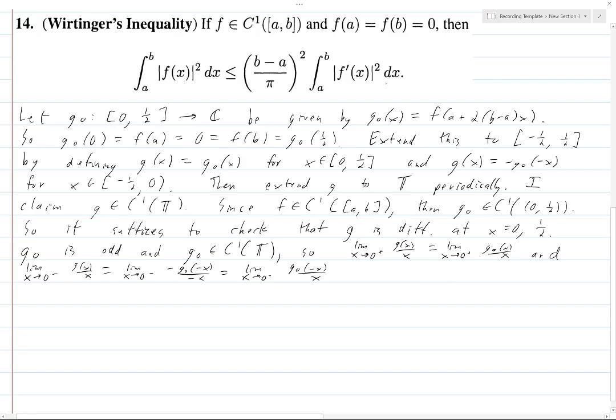But then we put everything together, so if these two are equal, then this thing is equal to this thing. But that means precisely, if these two limits are the same, that g is differentiable at 0.